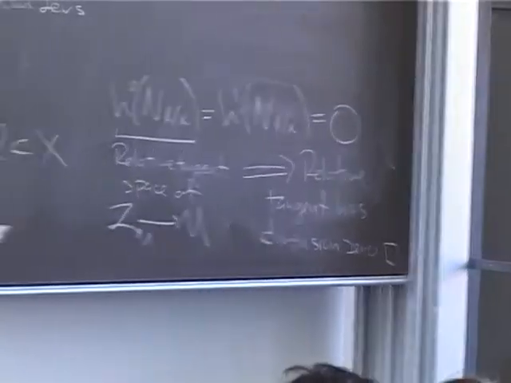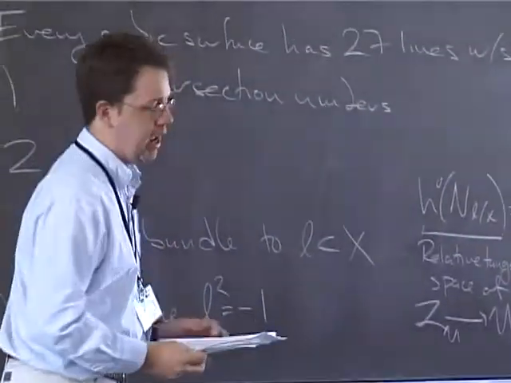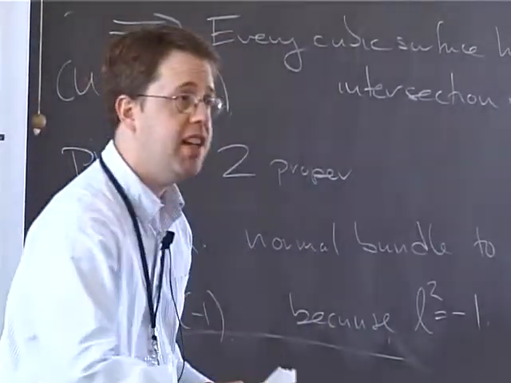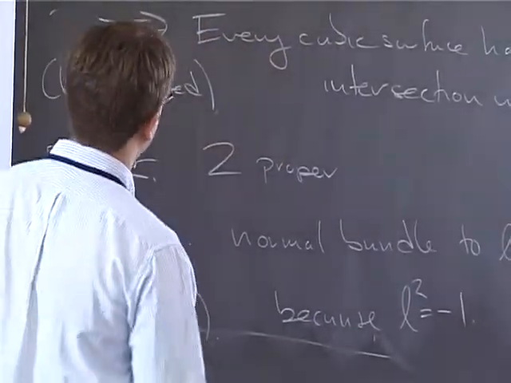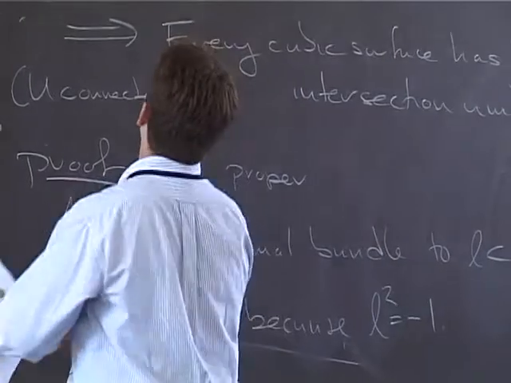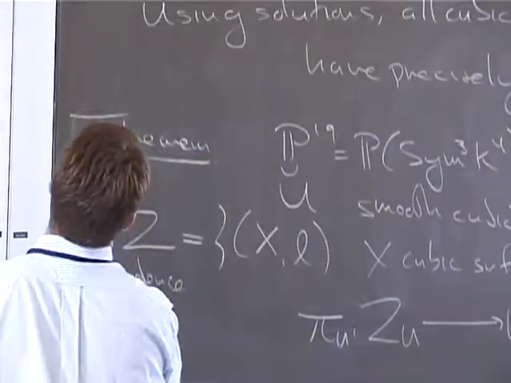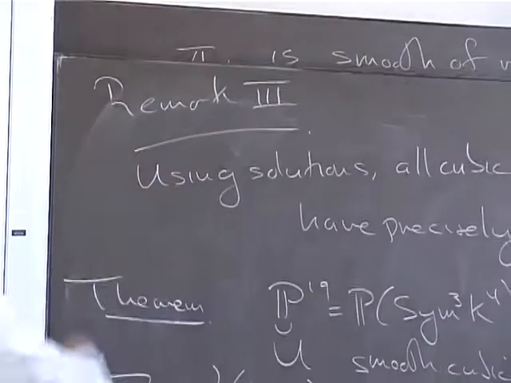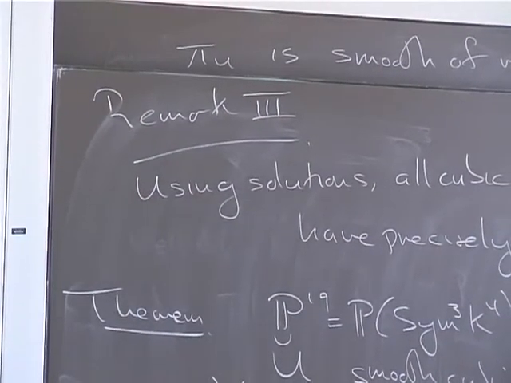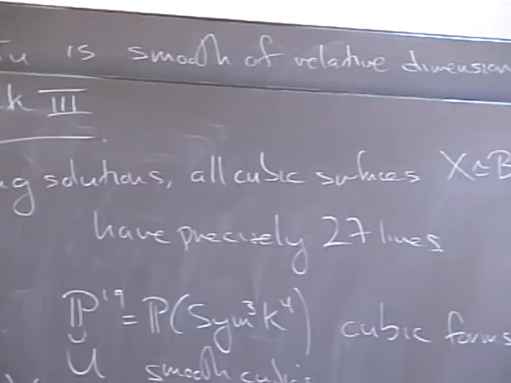So now, having this information in hand, we can go back and we can classify all cubic surfaces. Remember our questions. Well, we've answered 2, right? We've shown that there are 27 lines on the cubic surface.